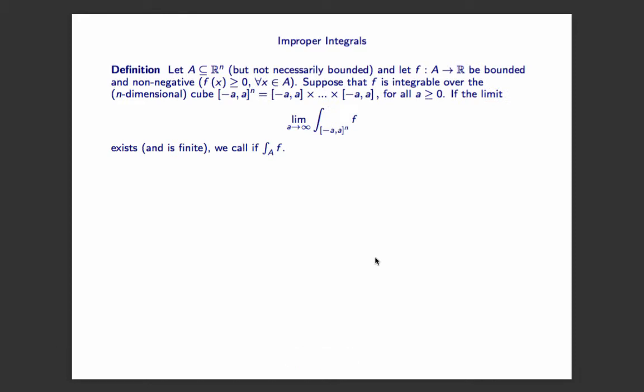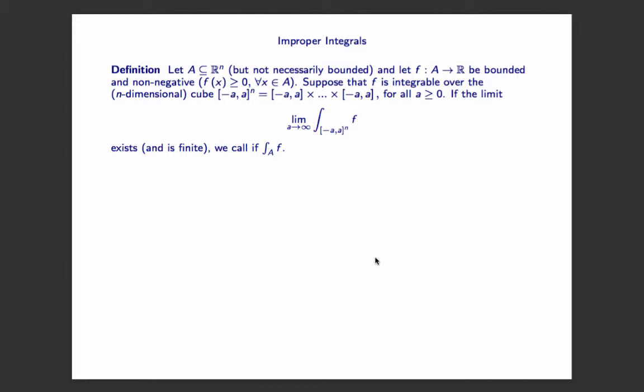And we'll let f map A to R, we'll let f be bounded and non-negative. Suppose that f is integrable over the n-dimensional cube that's negative a to a by negative a to a, n times. So the n-dimensional cube, where each edge is length 2a.